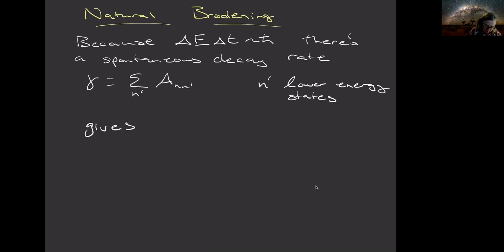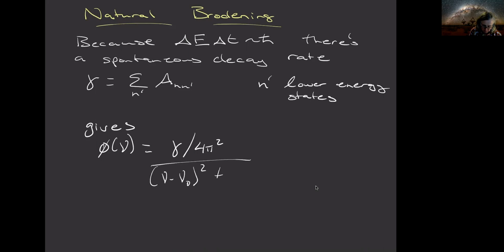And this gives a natural line width, a line profile, which is equal to gamma over 4 pi squared over nu minus nu naught squared plus gamma over 4 pi squared. And this is a so-called Lorentz profile. And you'll see that term thrown around quite a lot when we talk about spectral lines in their detail.